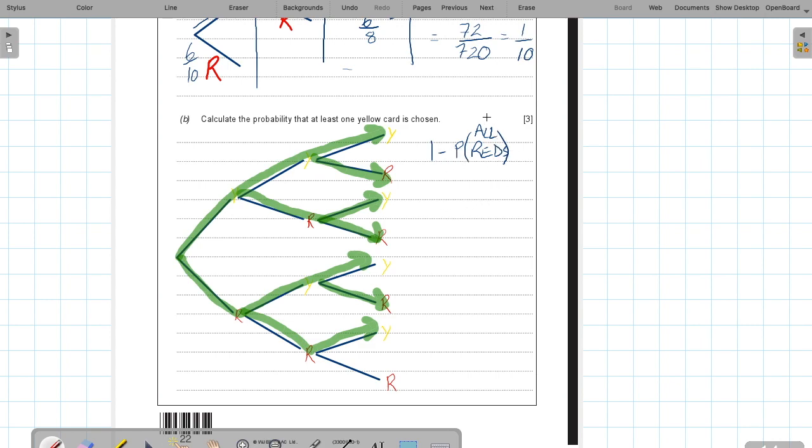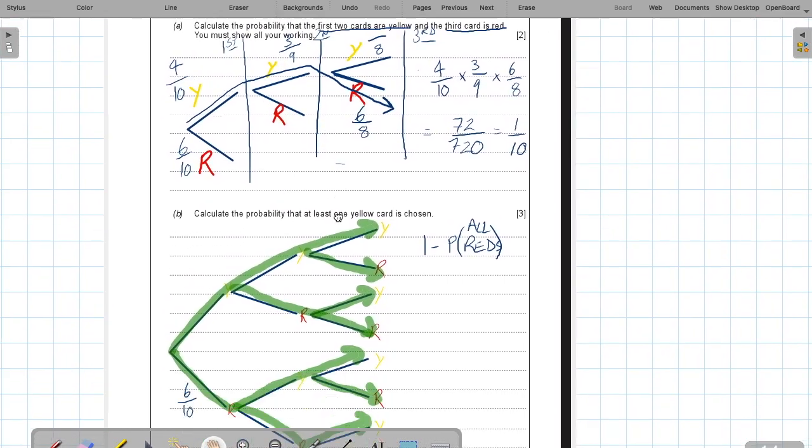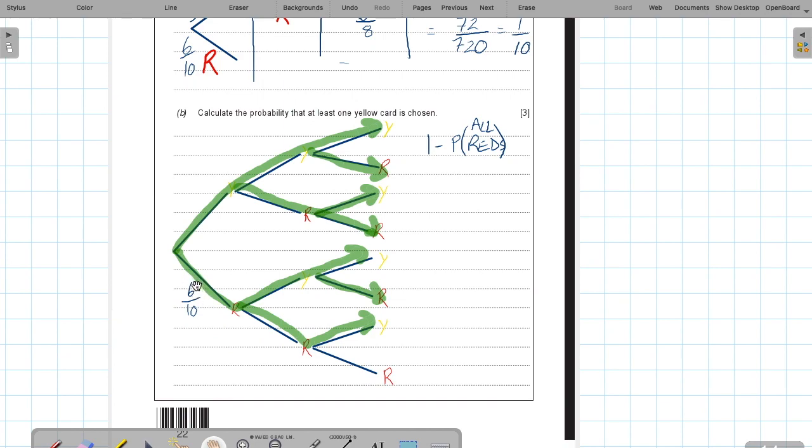So the probability that we pick all reds is this route here, multiplied together. The probability that we get 1 red is 6 out of 10, because we're told right at the beginning 6 red cards, we have 4 yellows, so 6 reds out of a total of 10 cards.